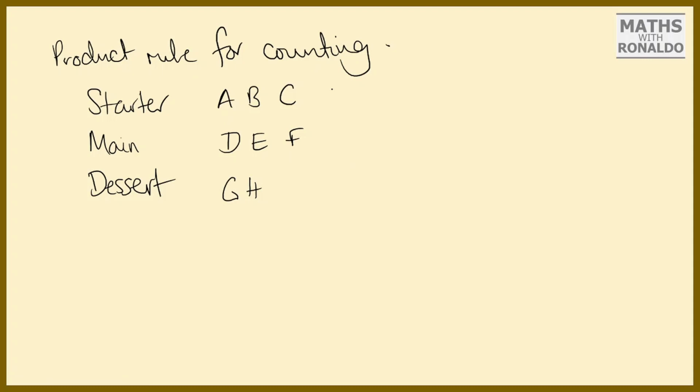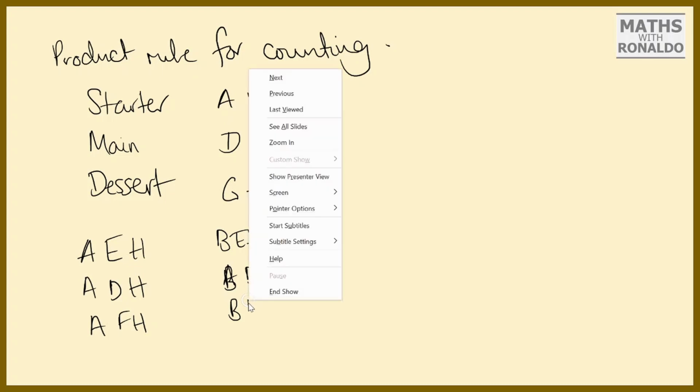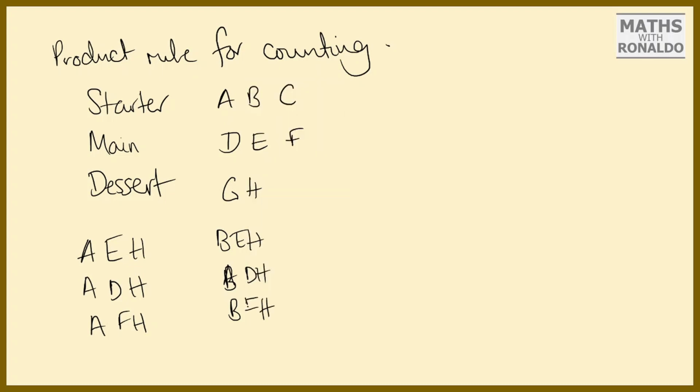Well, that means we can pick from 3 different starters, 3 different main meals, and 2 different desserts. So for example, we could have A, E and H, we could have A, D and H, we could have A, F and H, and then instead of A we could have B, E, H, B, D, H, B, F, H. You know, we can choose whatever we like.